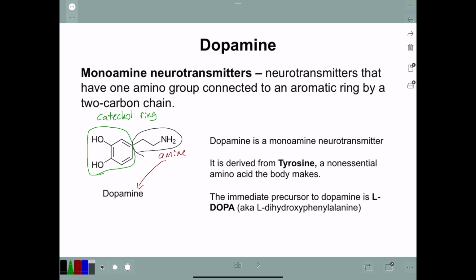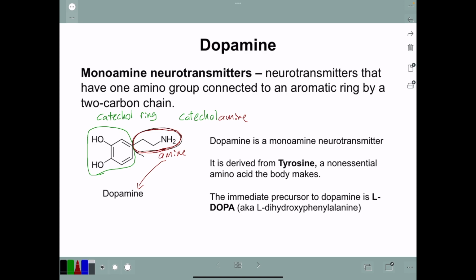And so that makes this whole thing, more generally, what we would call a catecholamine. Let me make sure I color code this here. So dopamine is one of the catecholamines.